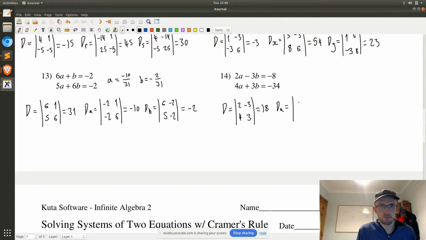Determinant of A, -8, -34, -3, 3, -24, and then 102. Believe. -68 plus 32.